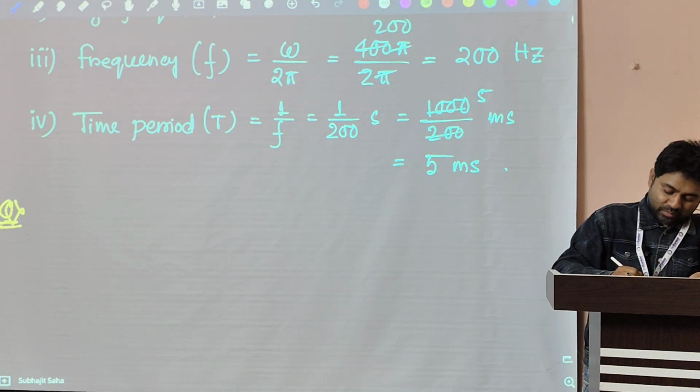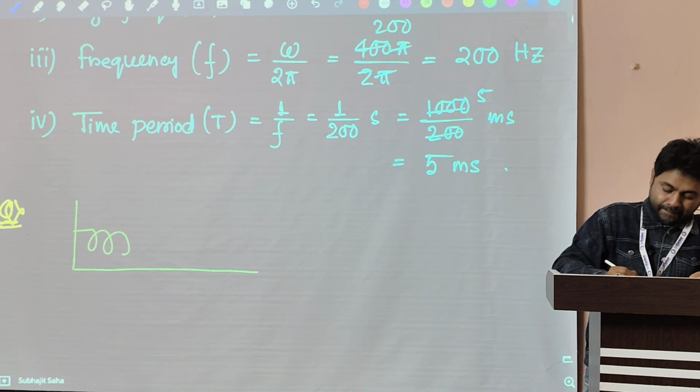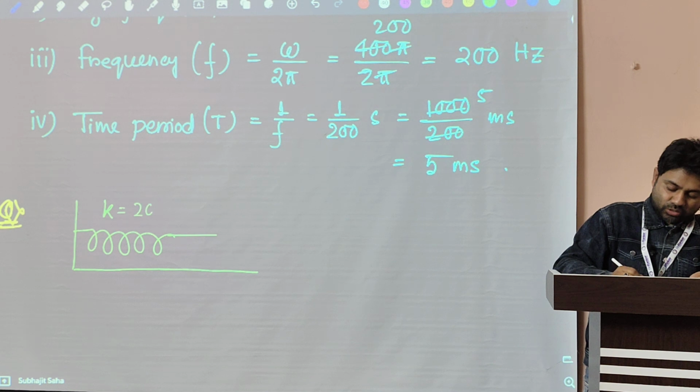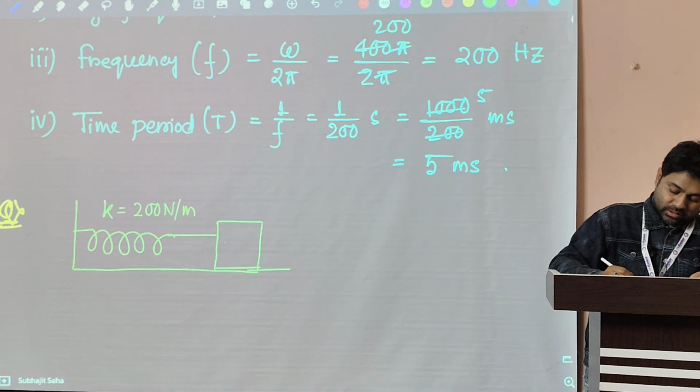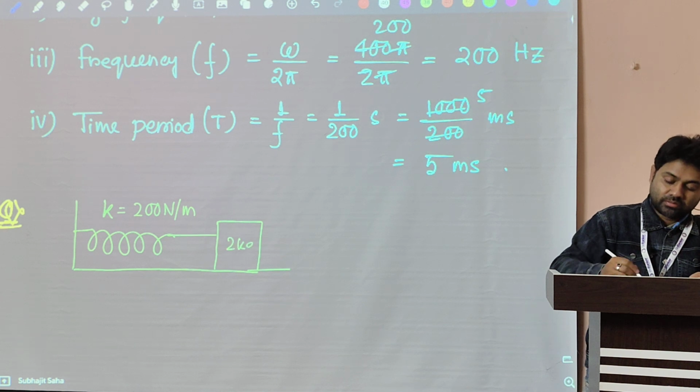Let's get back to the spring mass system. Suppose the spring has a force constant K equals to 200 Newton per meter, and the mass connected to it, M, is given 2 kilograms.